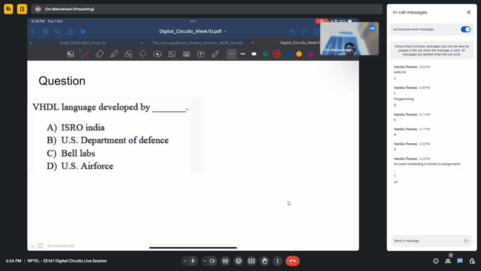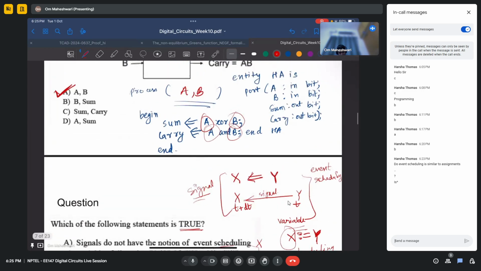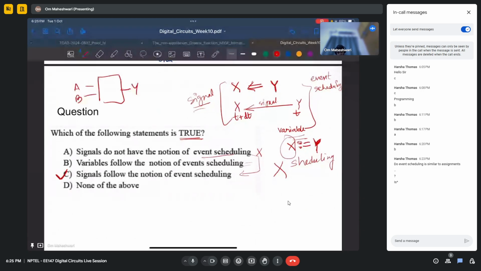Okay, Harsha has asked, is event scheduling similar to assignments? Assignment is one way you can distinguish between a signal and a variable, but let's say you have some design, where A and B are inputs and Y is the output.